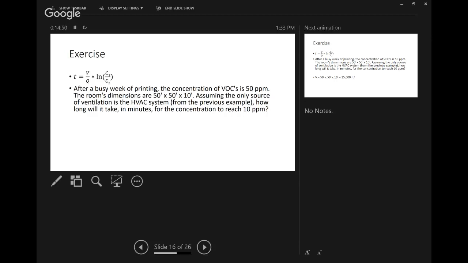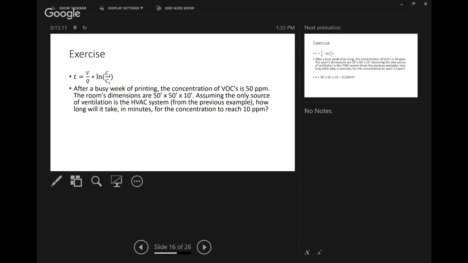Yeah, you got it. All right, so let's pull out what we need here. We are C1, so after a busy week of printing, the concentration of VOCs is 50 parts per million. So our C1 is 50. That's a lot more than we saw. This is probably not our printing lab.